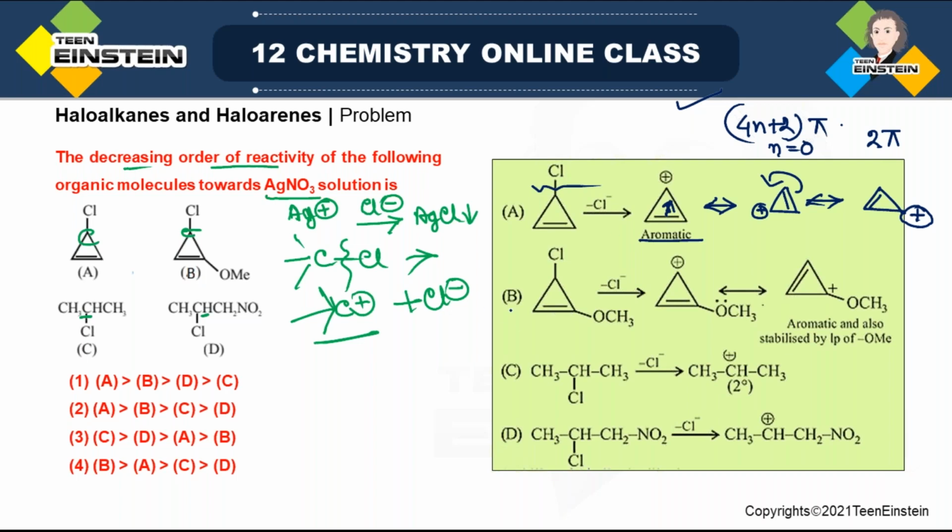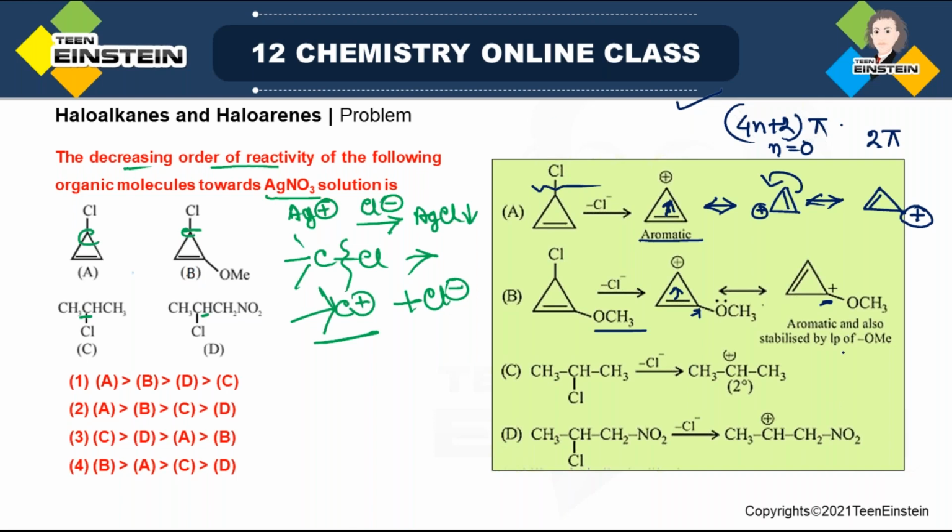But option B is also a similar kind of molecule, the only difference is that now you have an OMe group. Now the OMe group, as it is donating, can also stabilize the positive charge when it is at this position, because here resonance is possible. If the double bond is shifted here, a new positive charge will be generated here.